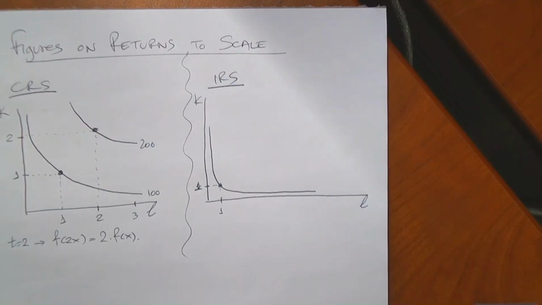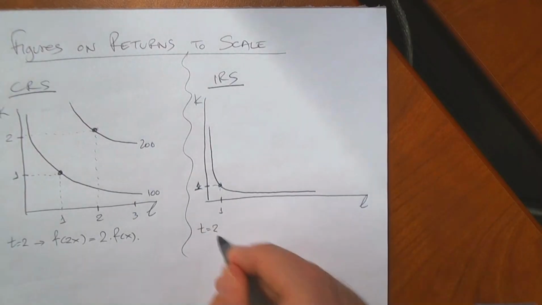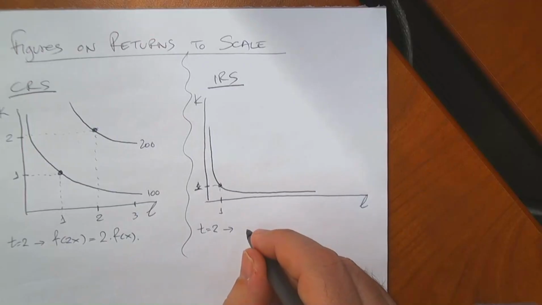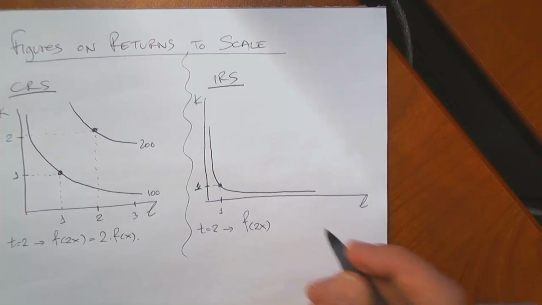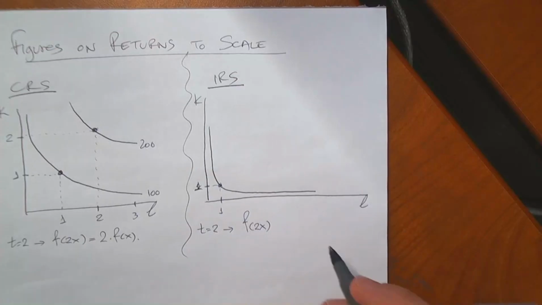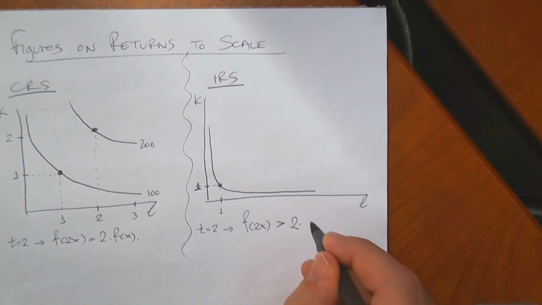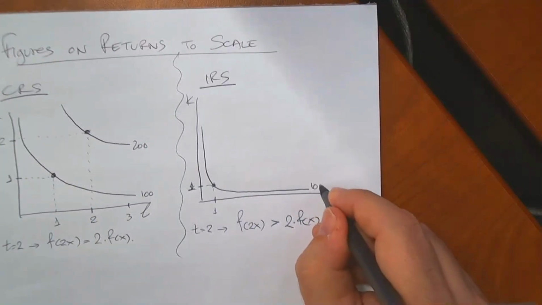In particular, if t is equal to 2, then you're going to get an expression that says that f of 2 times x, when you've doubled your inputs, has to be more than 2 times your original output. Let's say this output was 100.